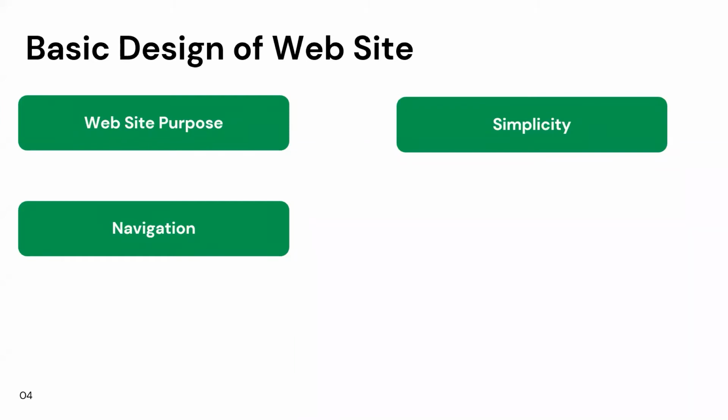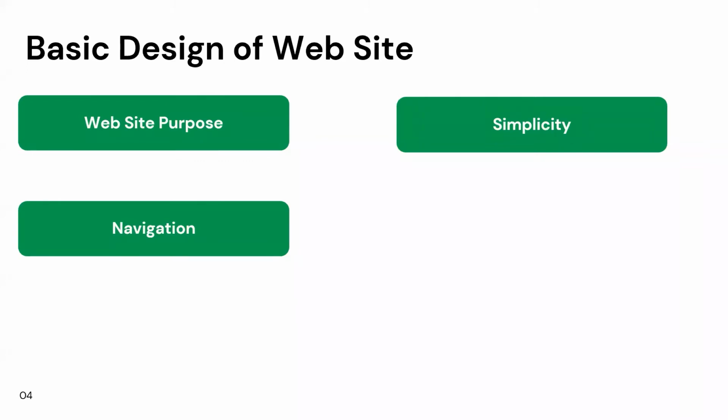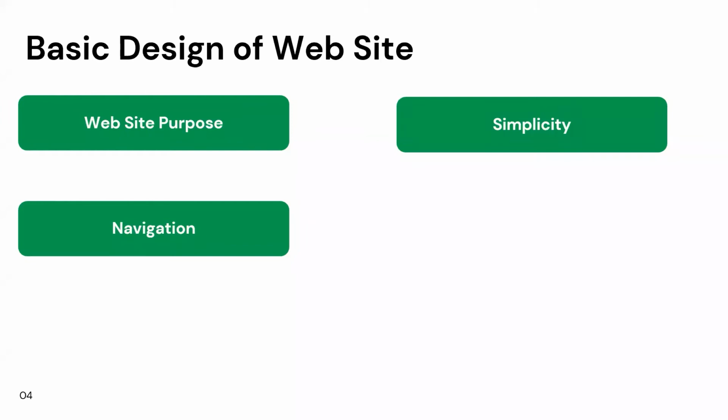So we need to segregate the different topics and subtopics, create different sections as per the subheadings, and establish proper navigation between these subheadings so that the user can move from one heading or topic to another at any time. This is one of the major parts of designing a website: navigation.